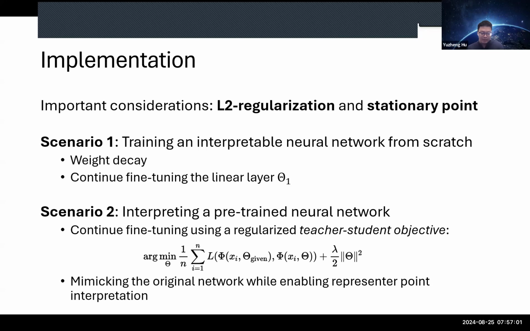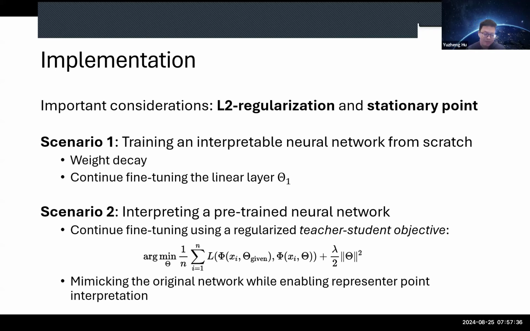The second scenario I think is more interesting, because in practice it involves interpreting pre-trained neural networks. Say we are given the model parameters of a pre-trained neural network, but this model might not have been trained using L2 regularization or weight decay. In this case, we still want to perform this representative point selection, and we also want to avoid retraining.